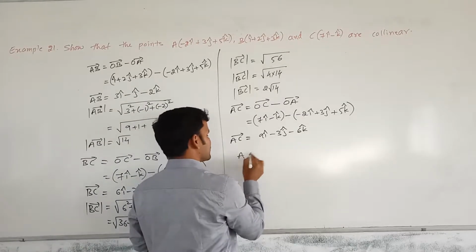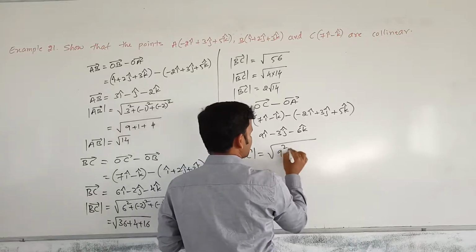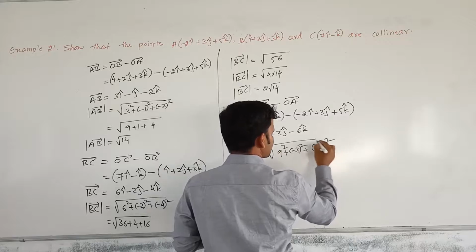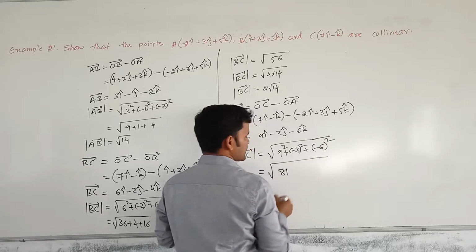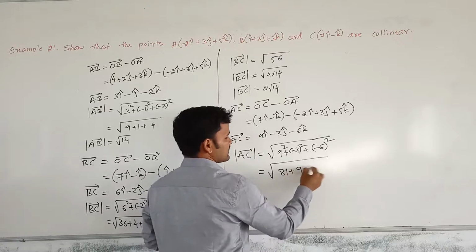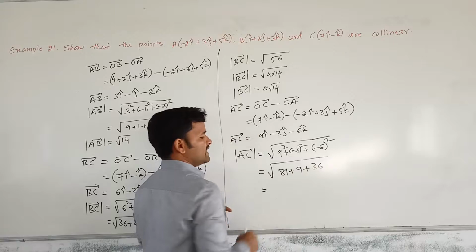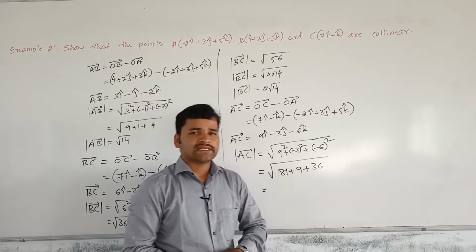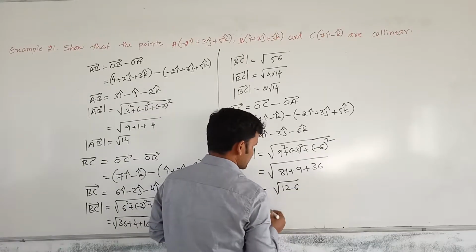Now the length of vector AC is the square root of 9 squared plus (minus 3) squared plus (minus 6) squared. This is the square root of 81 plus 9 plus 36. 81 plus 9 is 90, and 90 plus 36 is 126. Square root of 126.